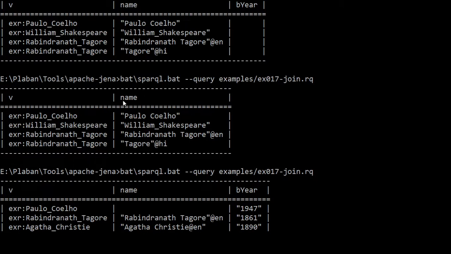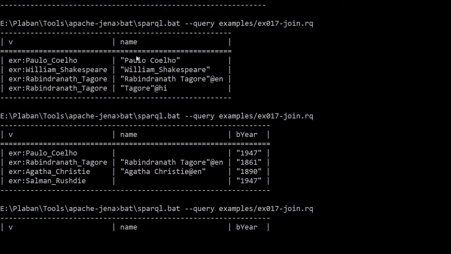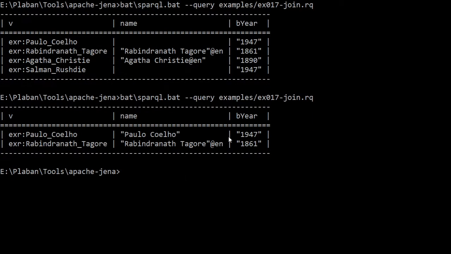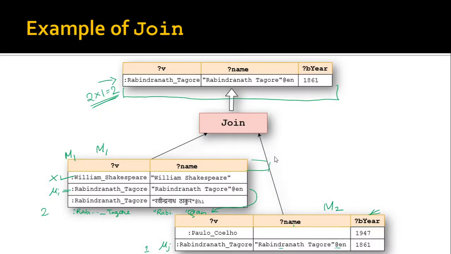But in the second variable, that is name, in the first table this name has been instantiated, but in table 2 it has not been instantiated. So in that case, we'll treat these also to be compatible, and as they are compatible, we are taking this to be the result of the join. And as we had 1947 here, we will be having this 1947 here. So this is a little caveat you need to consider when you talk about compatibility of the solution, right?